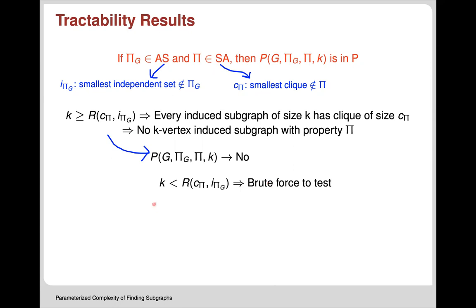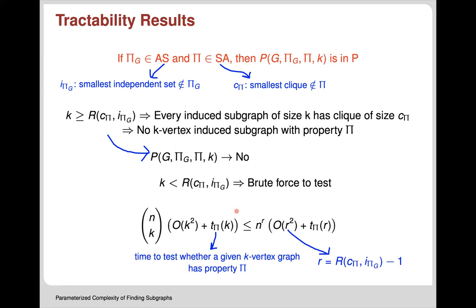If k is less than R(C(Π), I(Π_G)), then you can just brute force to test. Looking at the running time, I choose every set of k vertices of G, check the adjacencies between them, and get the induced subgraph on those vertices.